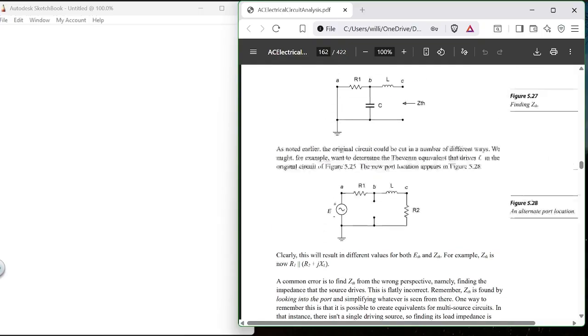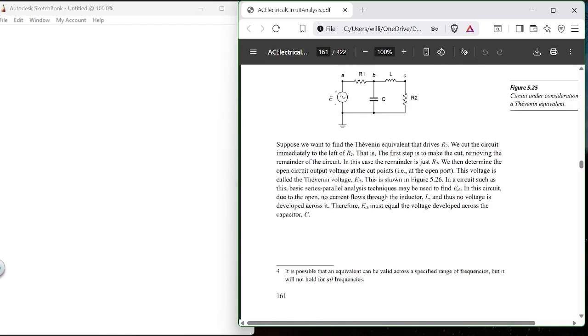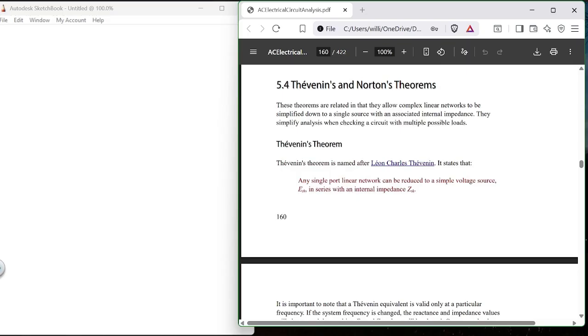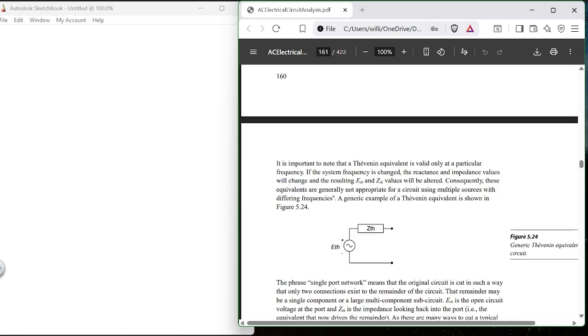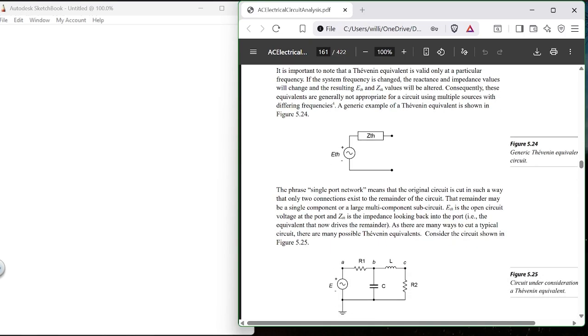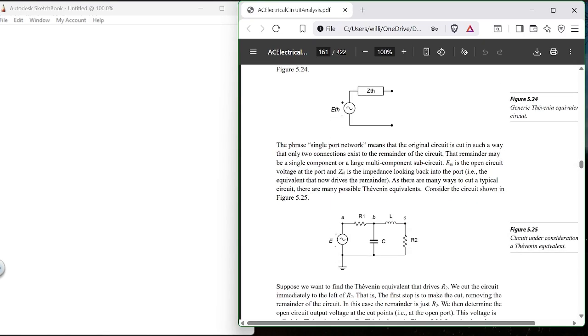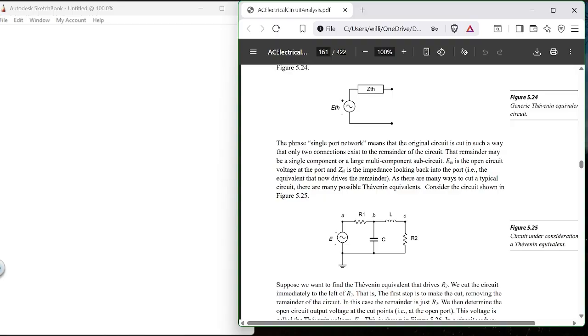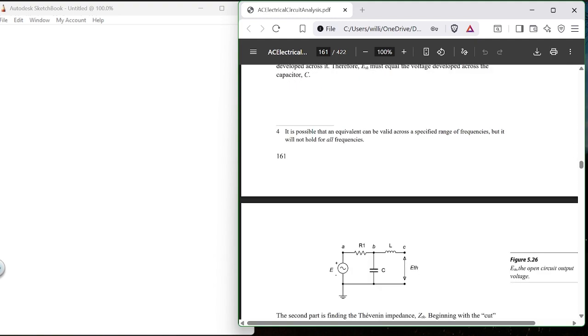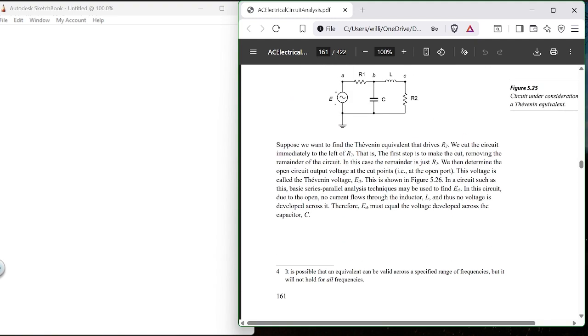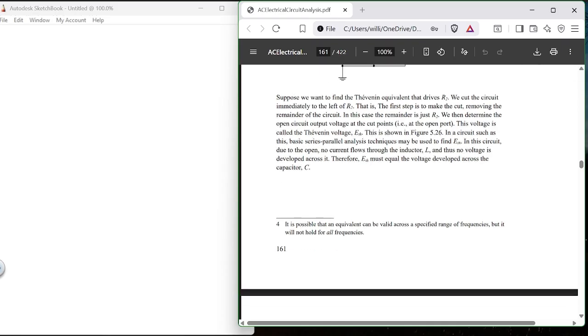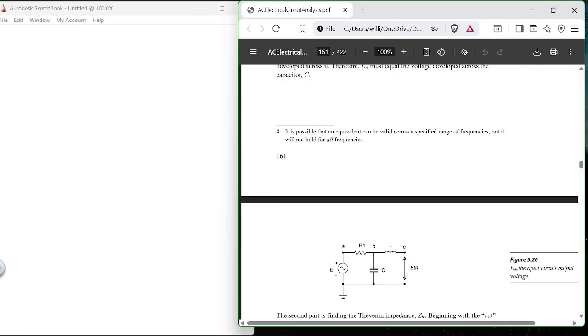Okay, let's just review it for a few minutes before we get into the problems. When you see a problem like this, and you are asked to find, say, the current through the last component on the right-hand side, what you do is you cut it out. In other words, you take scissors and cut this resistor off. Just take it out like that, okay?